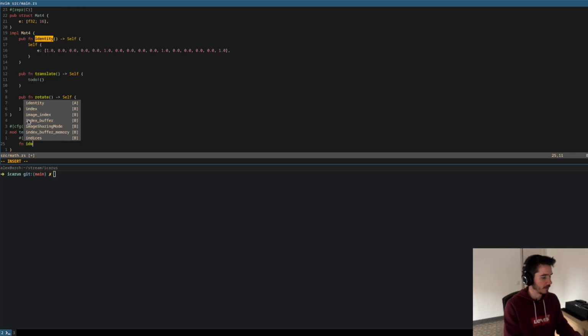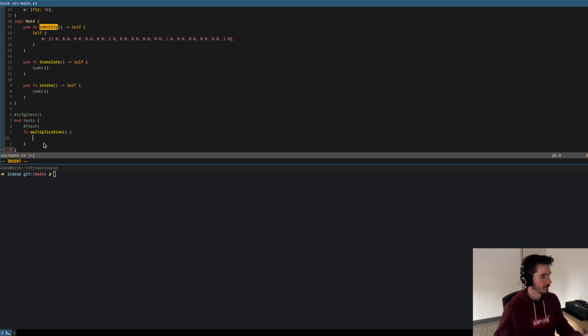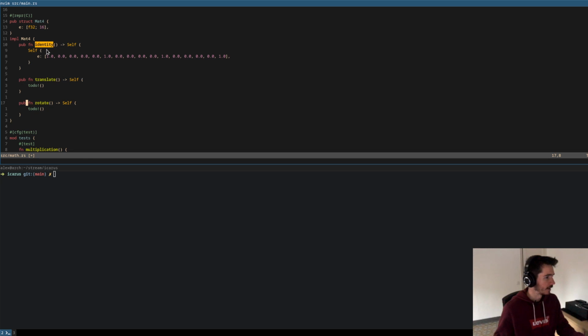Identity. I don't think we need to test the identity. But the next thing, maybe multiplication. And we will add a test in here. I'm thinking that maybe we can add a constructor.